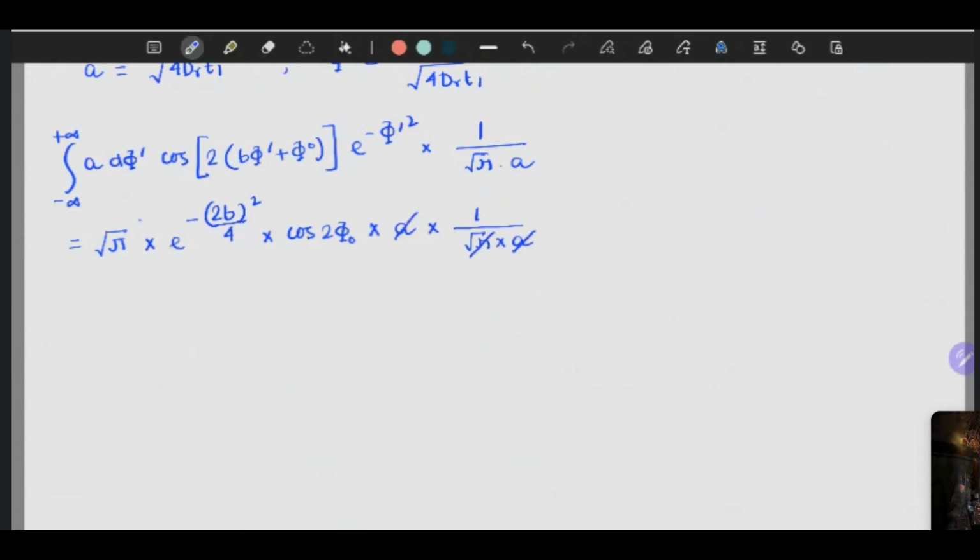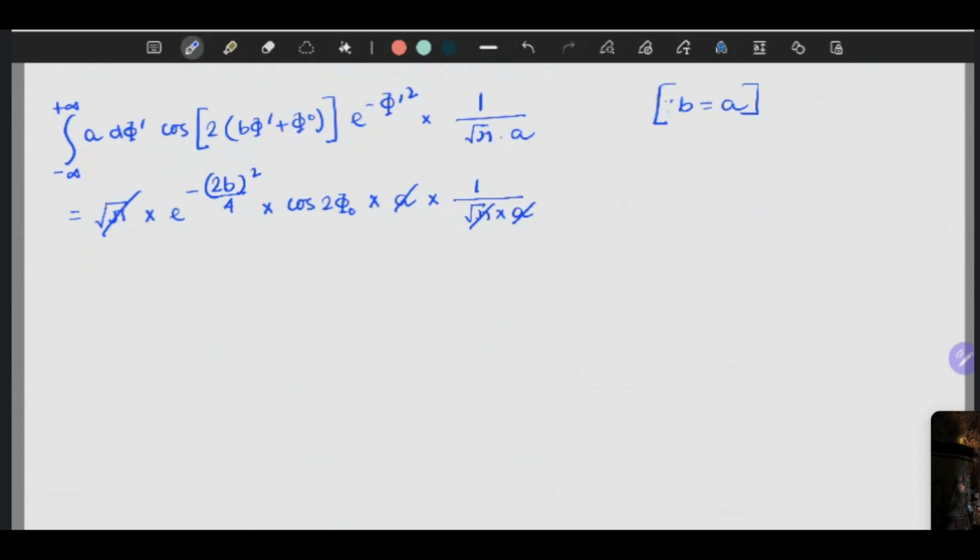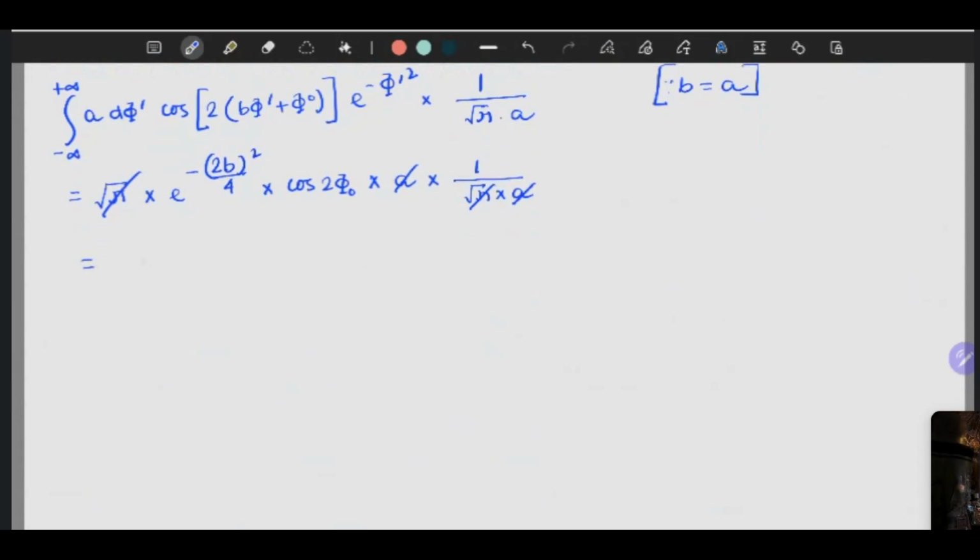The root π cancels out, and the only thing that remains, with b equal to a, is e to the power minus b square cos 2φ naught, that becomes e to the power minus 4Dr t1 cos 2φ naught.